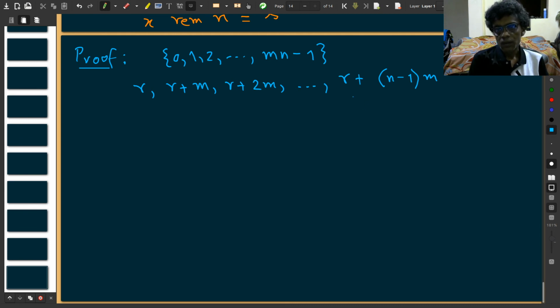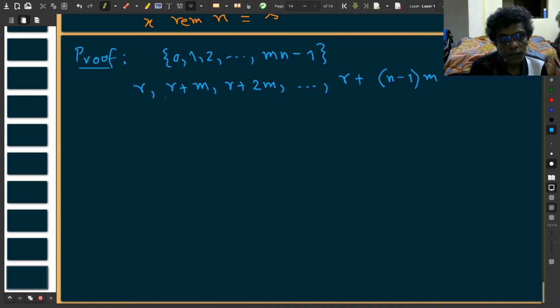The maximum value of r is m minus 1, so m times n minus 1 plus m minus 1 is mn minus 1. And if you consider mn plus r, it will be bigger than mn minus 1. So these are all the numbers in this range which leave a remainder of r when divided by m.